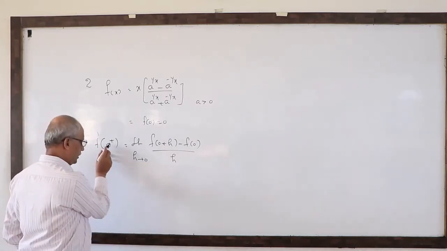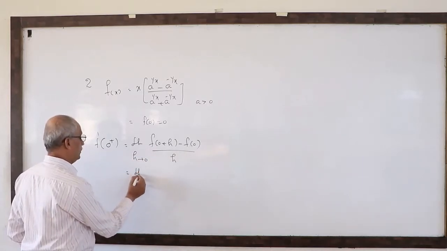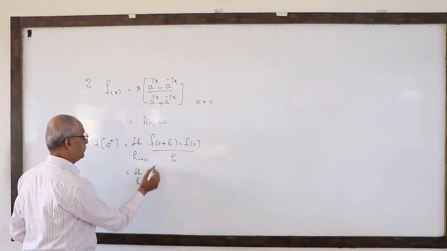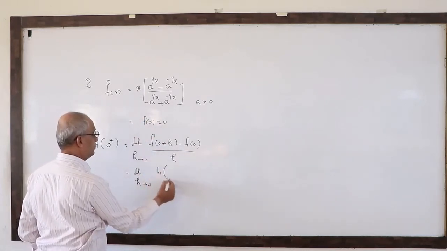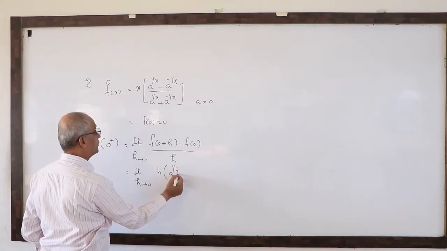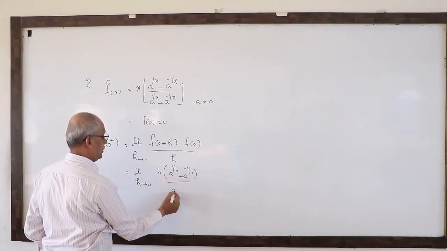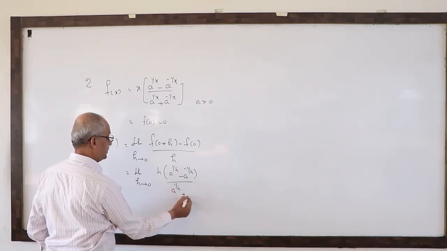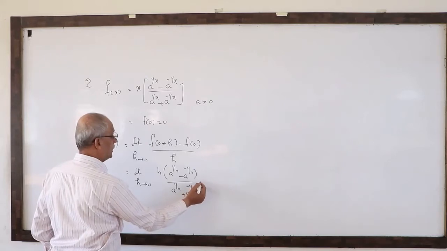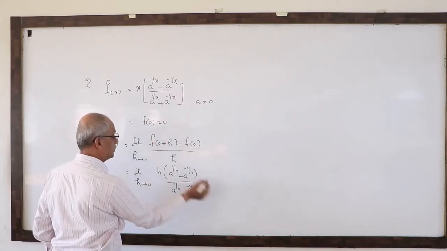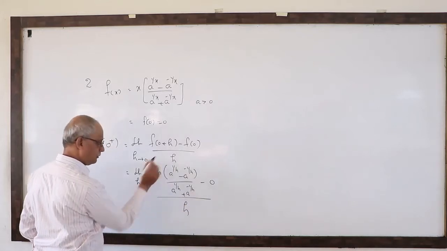For the left hand derivative, it will be minus and minus. That means limit h tends to 0, f of h, that is h into a power 1 by h minus a power minus 1 by h, over a power 1 by h plus a power minus 1 by h, minus f of 0, which is 0 by definition, all divided by h.